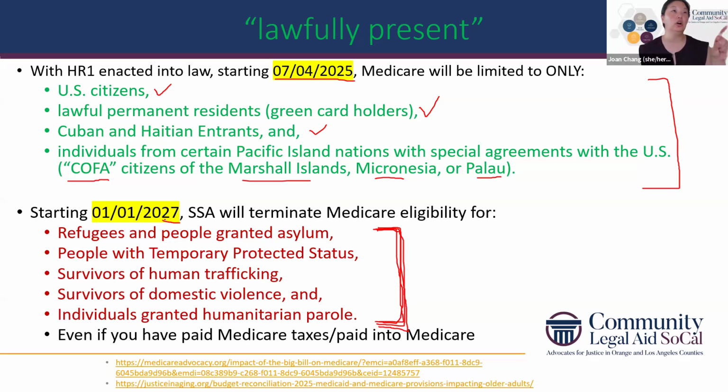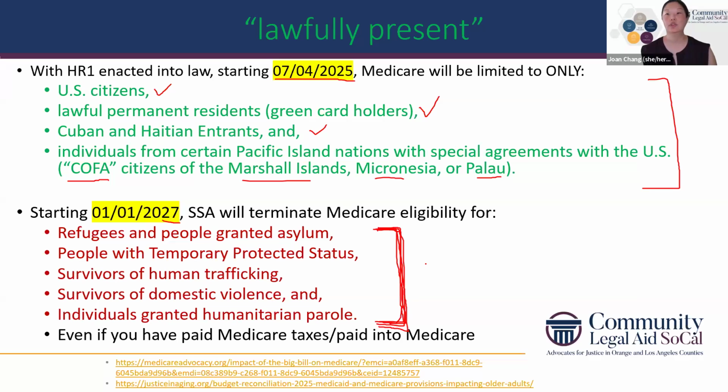If you are currently on Medicare and you're in one of these categories, your Medicare will be terminated in 2027. This is a big, huge deal. It's affecting a lot of us and a lot of our community members.